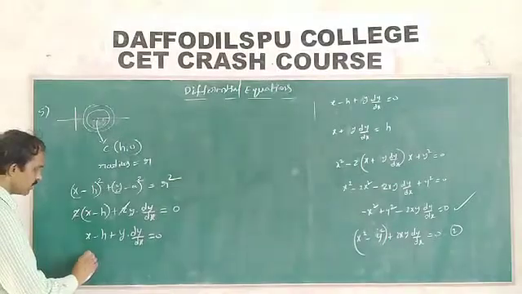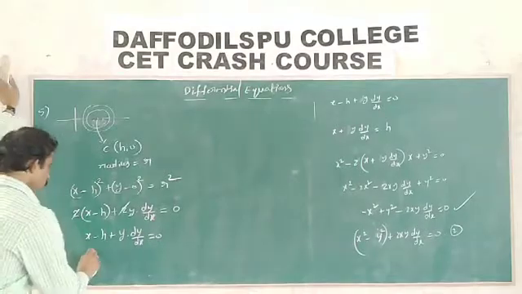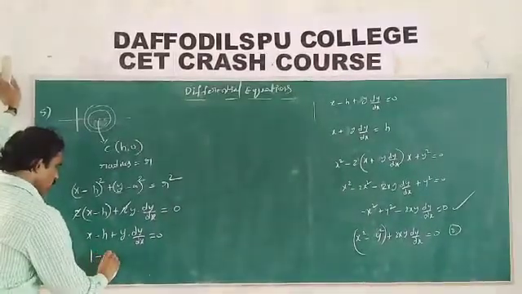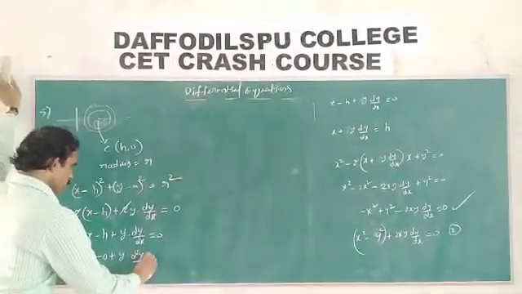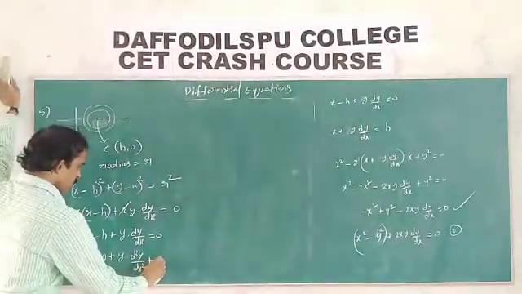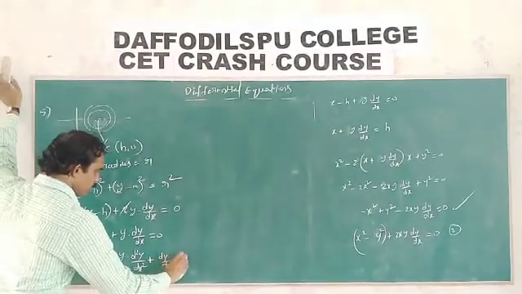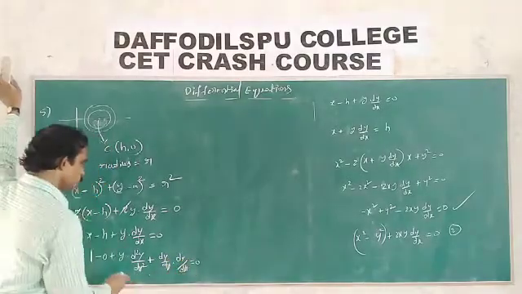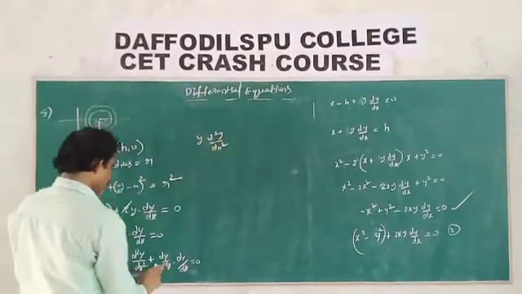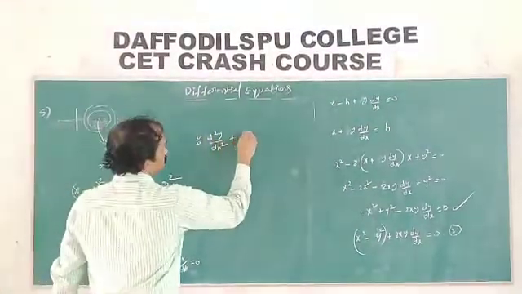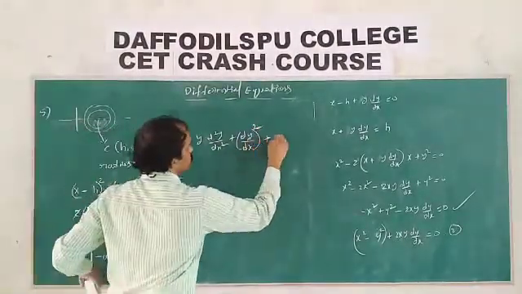One more time we will differentiate. 1 minus 0 plus y into d square y by dx square plus dy by dx into y derivative dy by dx is equal to 0. So y into d square y by dx square plus dy by dx whole square plus 1 is equal to 0.